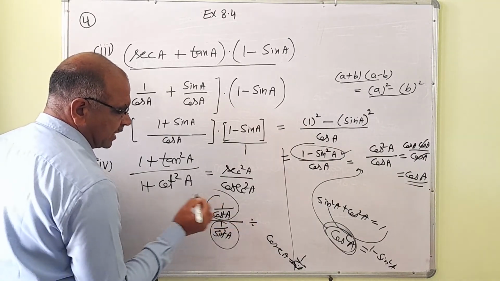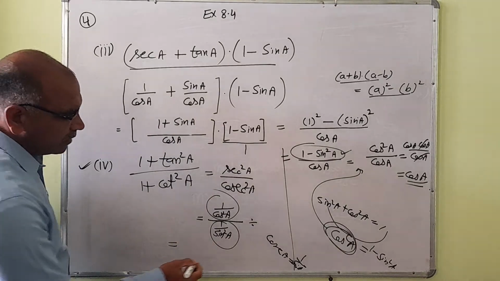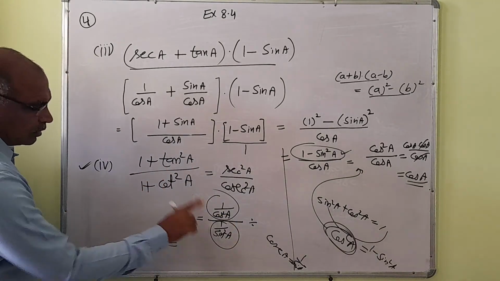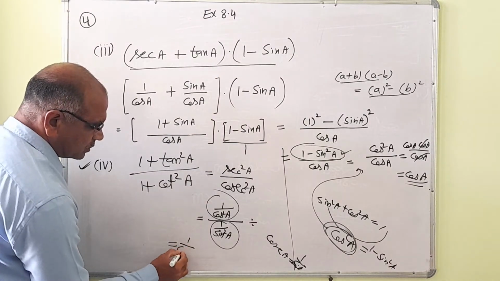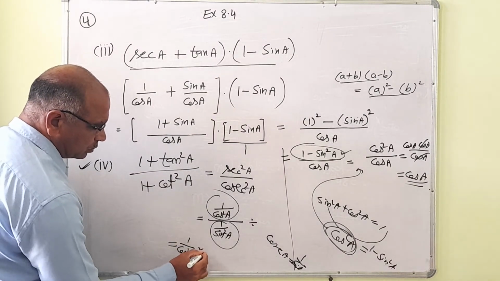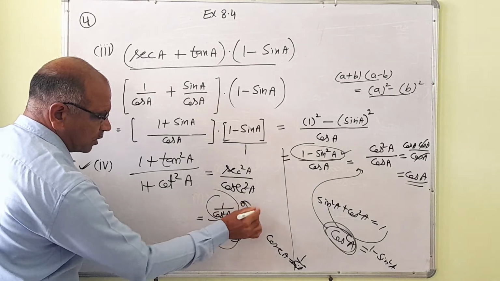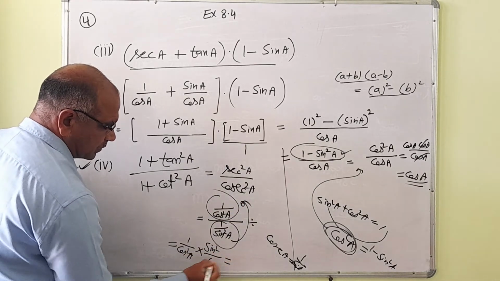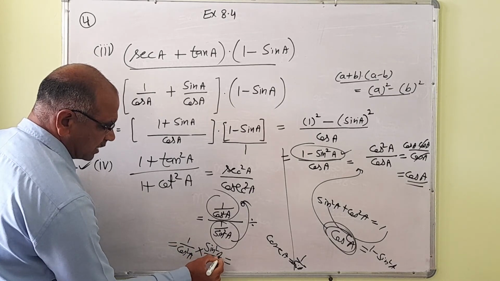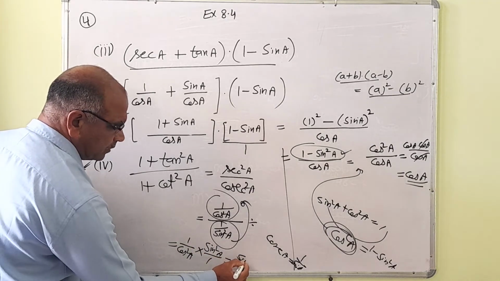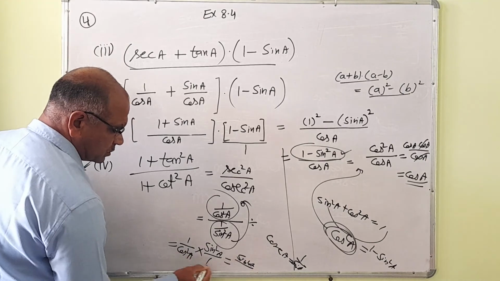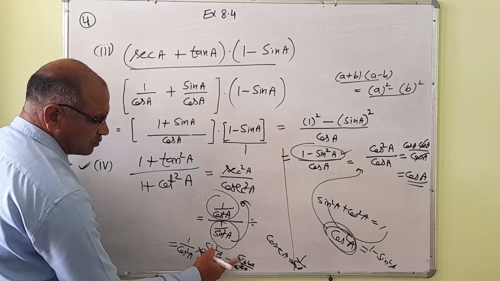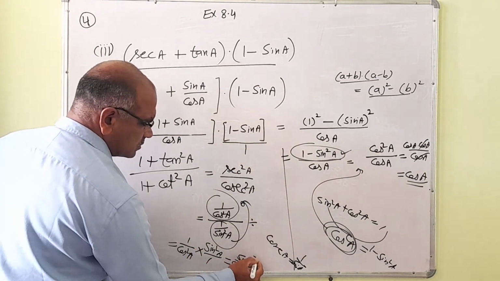This is a division line. We can take the reciprocal of the denominator. 1 upon cos square A into, this goes upside down, sin square A upon 1. We will get sin square A into 1 upon cos square A into 1. So sin square A upon cos square A gives what?